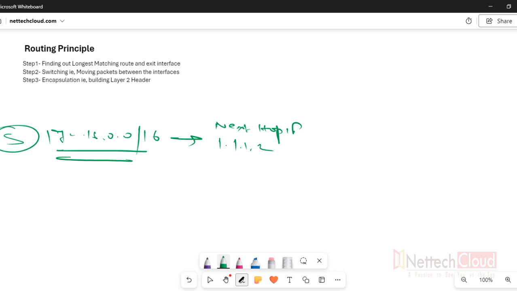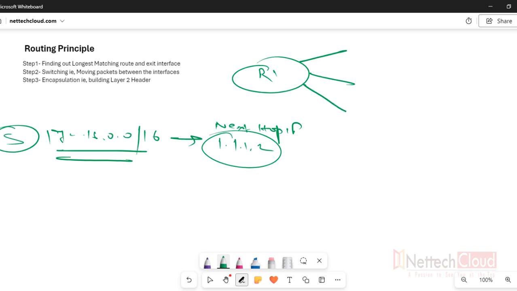So what happens here? The next hop IP address is known, but not the exit interface. So now R1 has multiple interfaces, right? Maybe F0/1, F0/2, Gig0/1, and the LAN segment is F0/0. So since there are multiple exit interfaces, right?